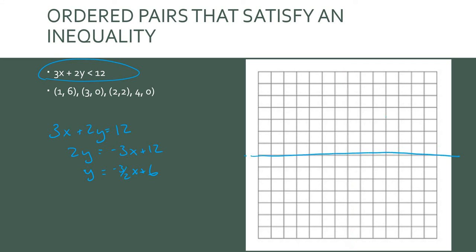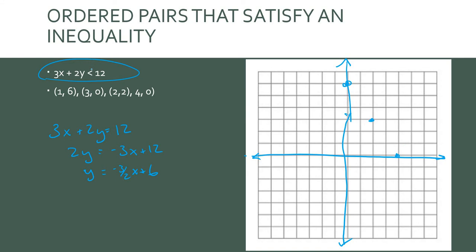Okay, so plus 6, 1, 2, 3, 4, 5, 6, with a slope of down 3 and to the right 2, would give me something like this.